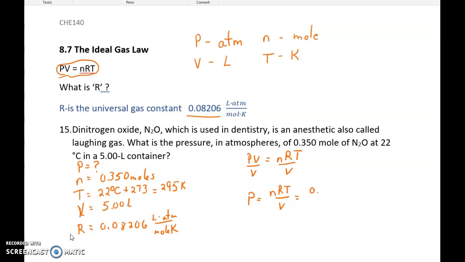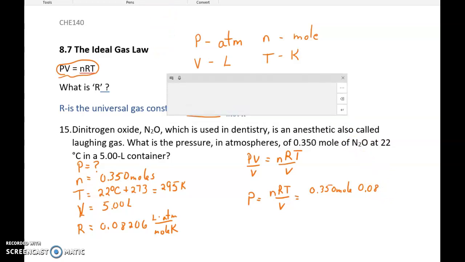N is 0.350 moles. R is 0.08206, and this is liter atmospheres per mole Kelvin. And then we've got to squeeze in beside that the temperature, which is 295 Kelvin.